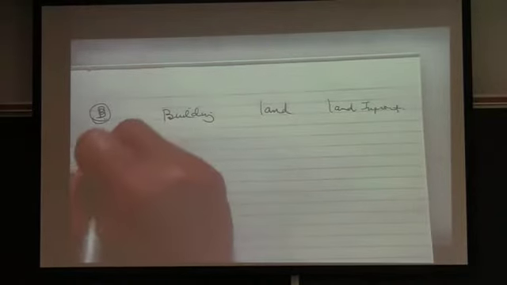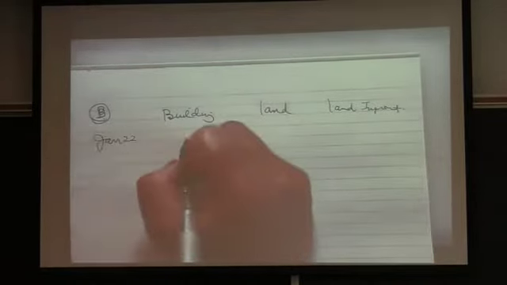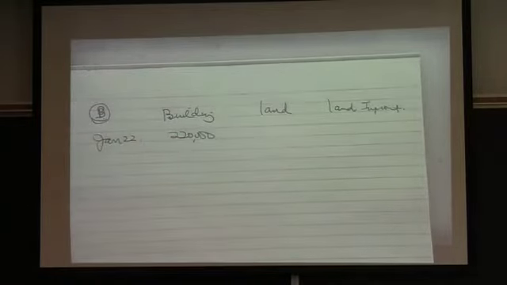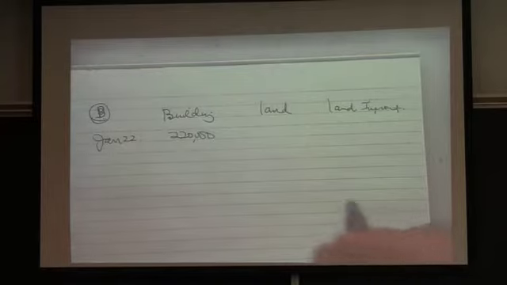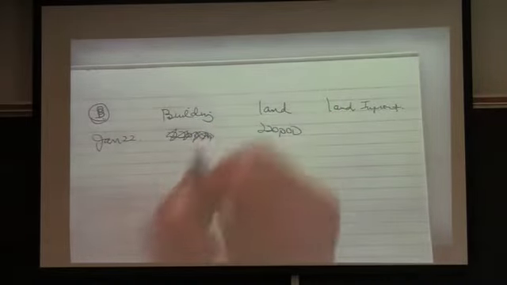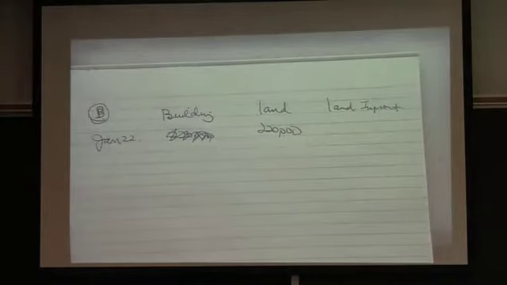So we know that on January 22nd, we bought the real estate. We know that what we paid for really was a combination of land and building on that land, but the intent was we were going to demolish the old building.